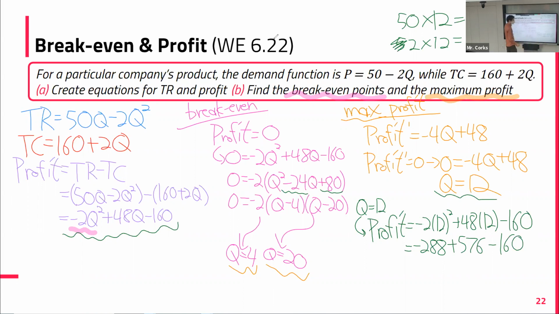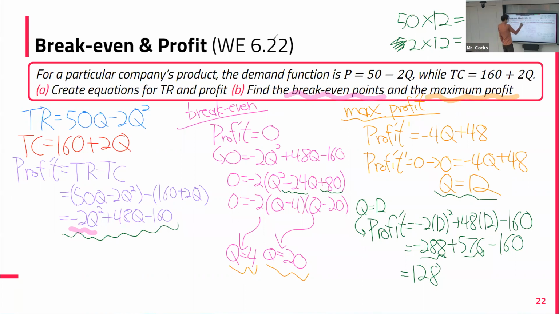Minus 160. This one is exactly half of this one. So 288 minus 160. And we can see 128 there. Okay, so finally, we got our answer and our maximum profit here.